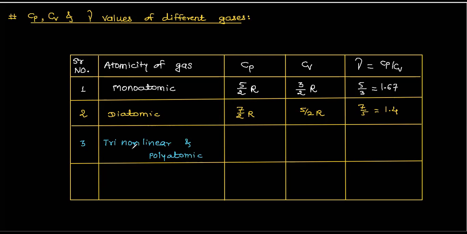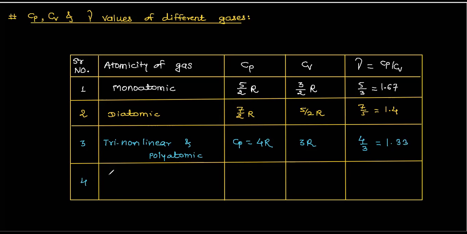For these two, you have the same Cp, that is Cp is equal to 4R and Cv is equal to 3R, and gamma is equal to 4 by 3, that is equal to 1.3.